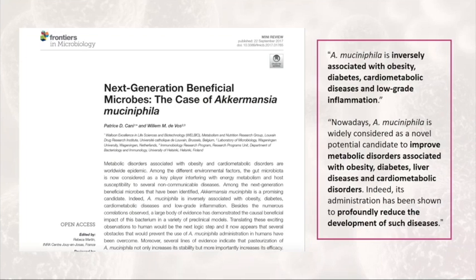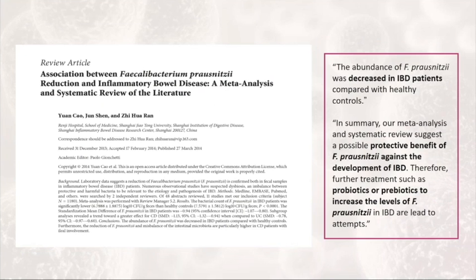We want a lot of this guy around in our microbiome so that we can have a healthier gut microbiome overall. And we know that having this microbe in our gut can reduce the development of a lot of chronic disease and inflammation.